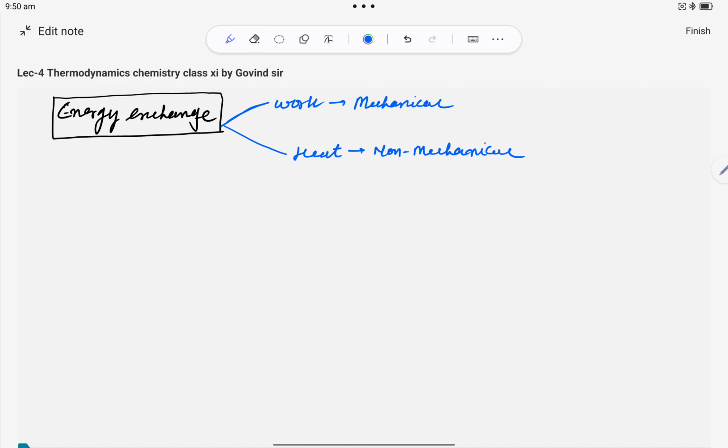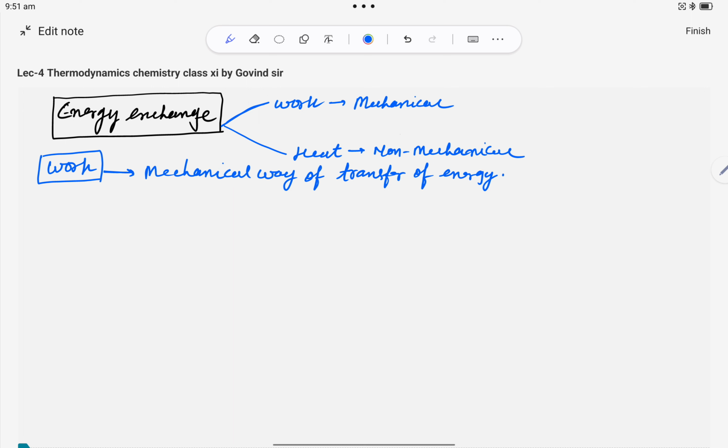So let's focus on the work. What is work, children? Work is a mechanical way of transfer of energy.